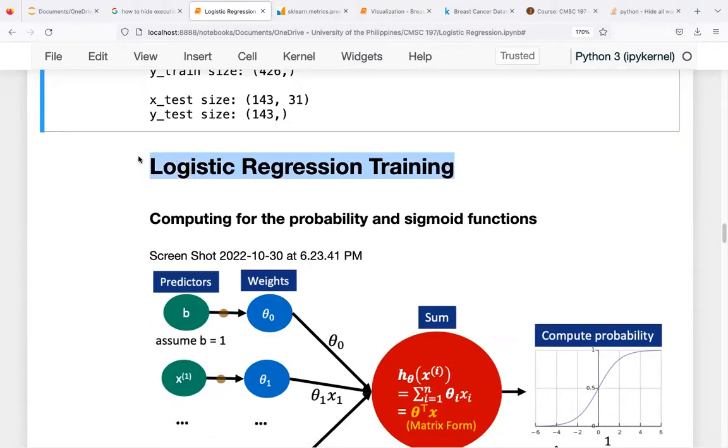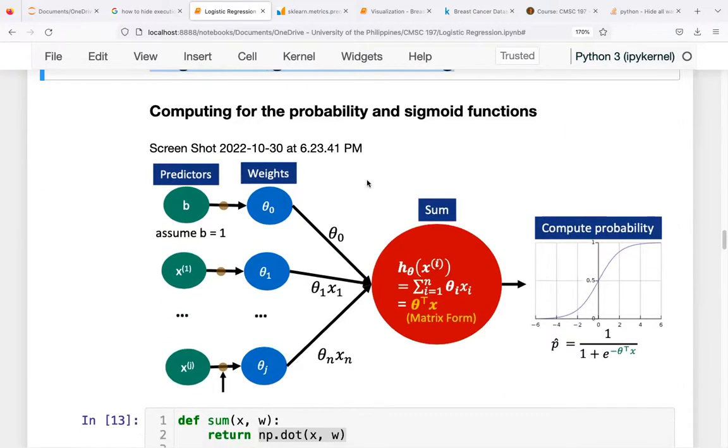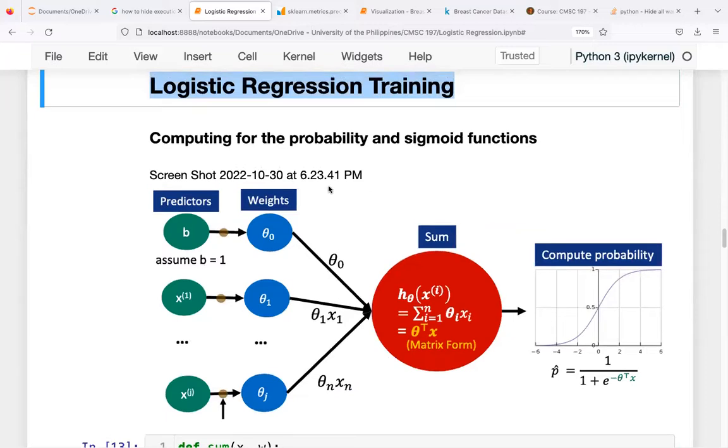And now we will discuss how to train logistic regression and how to implement that in Python. So for classifying a certain instance, we must compute its probability. So for example, given predictors like area, perimeter, etc., what is the probability that a certain instance is malignant?